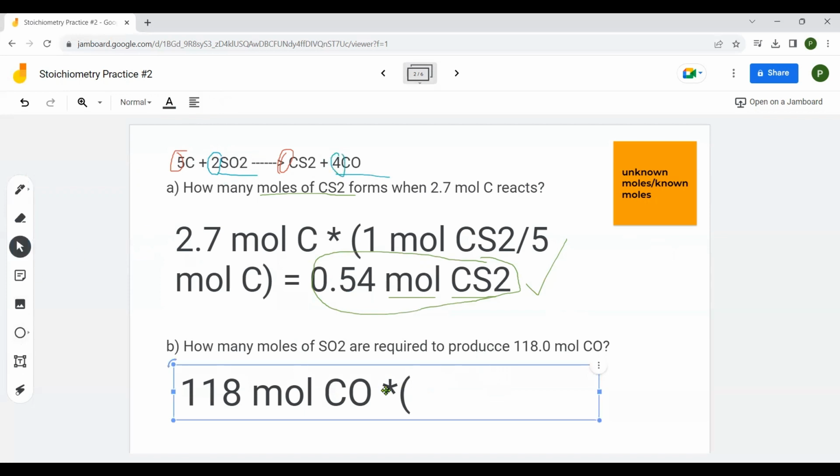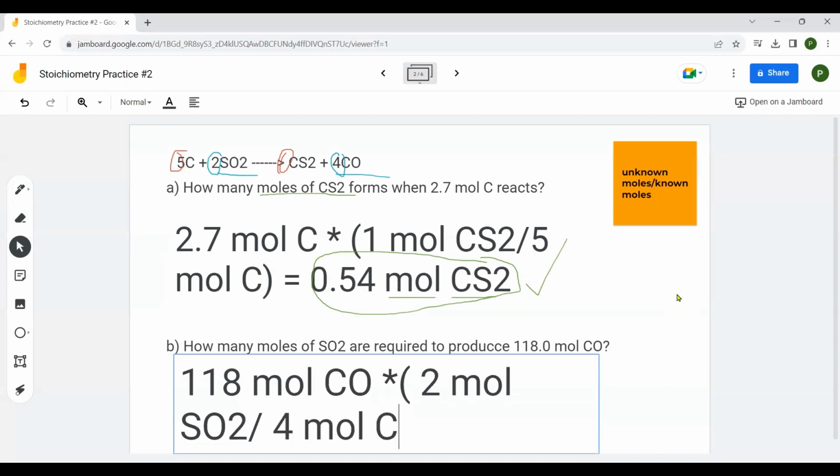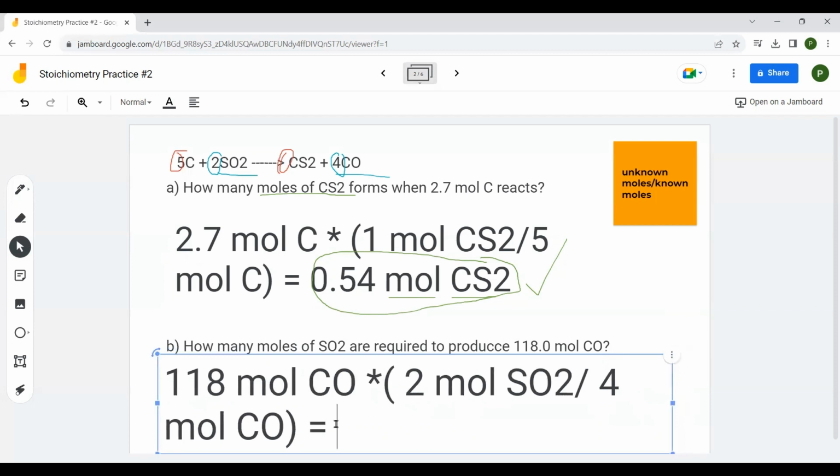So I'll jump back down to my equation here. We're going to put our unknown moles on top and our known moles on the bottom again. We want to know how many moles of SO2 we have, so that is our unknown. So I'm going to put 2 mole SO2 over our 4 mole of CO. And like we did before, we can plug that in to round off our calculations, and we should get 59 mole of SO2.